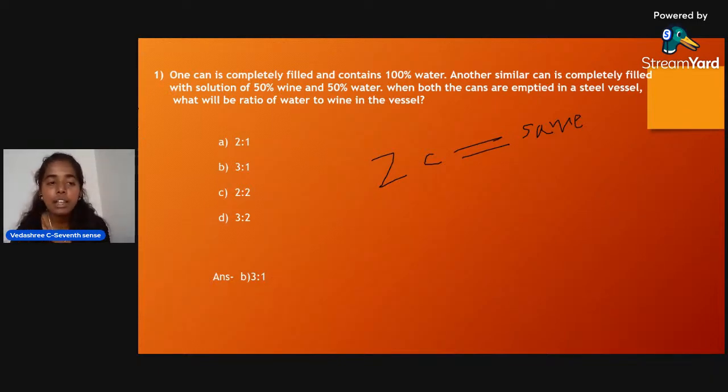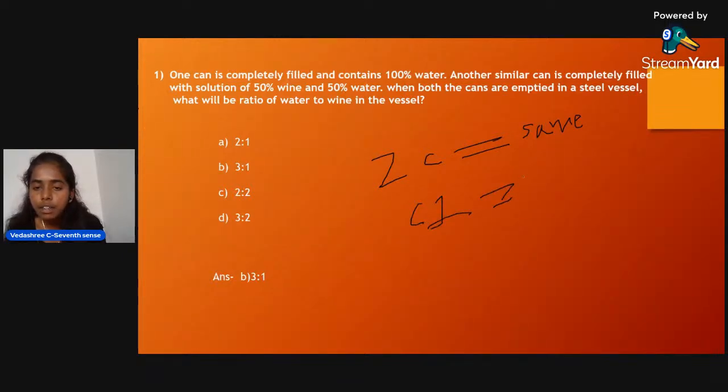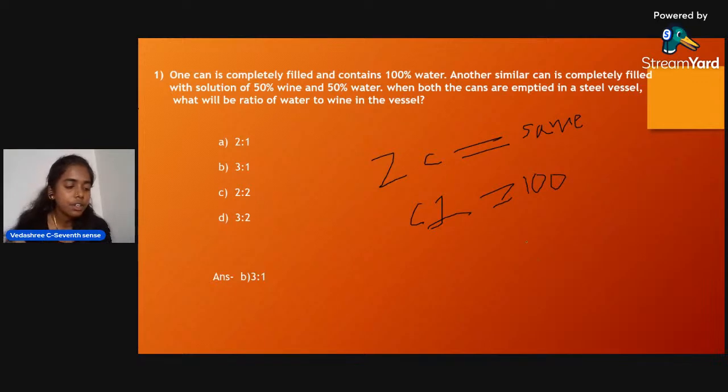So now we need to assume that can 1 is filled with 100%, that is, can 1 contains 100 liters.